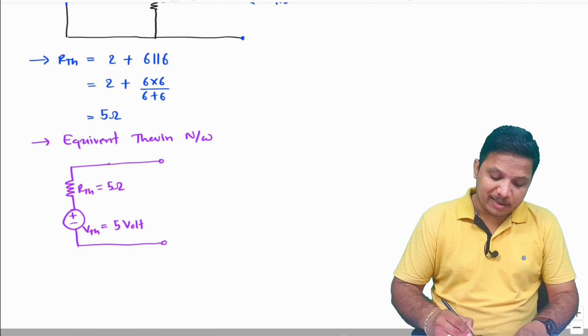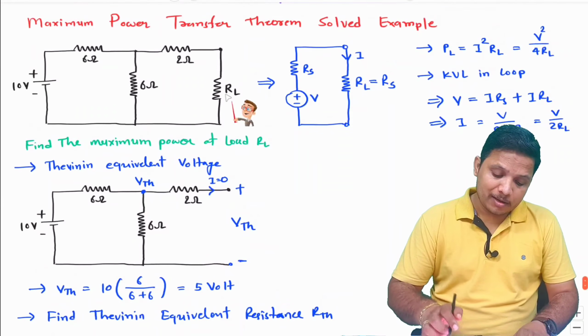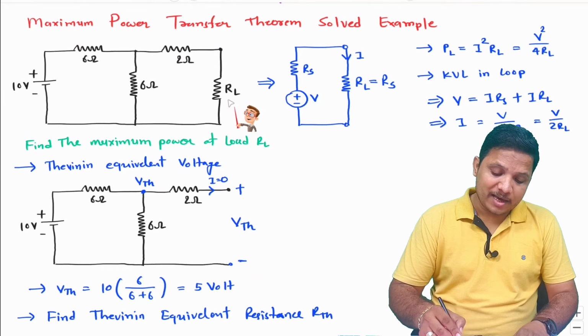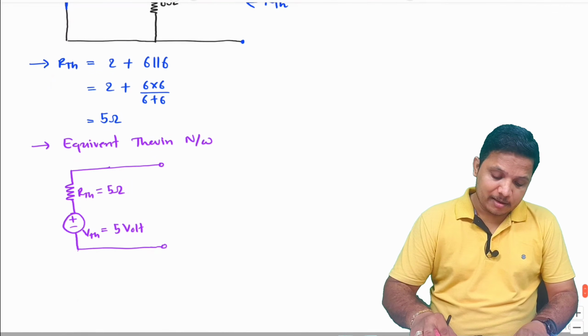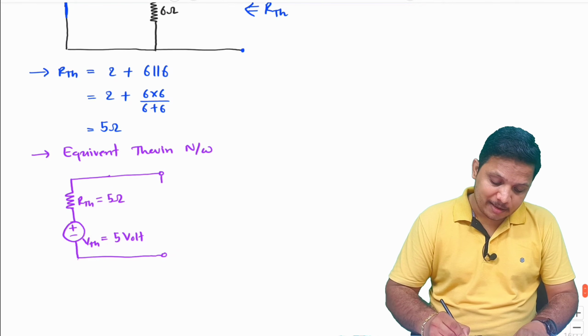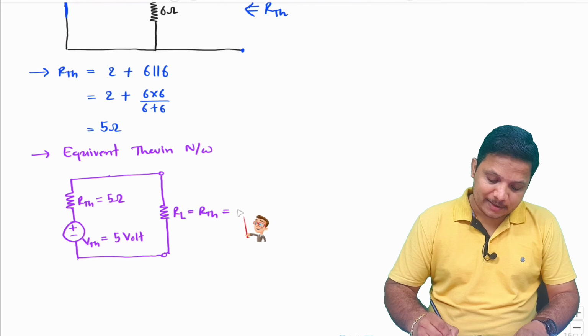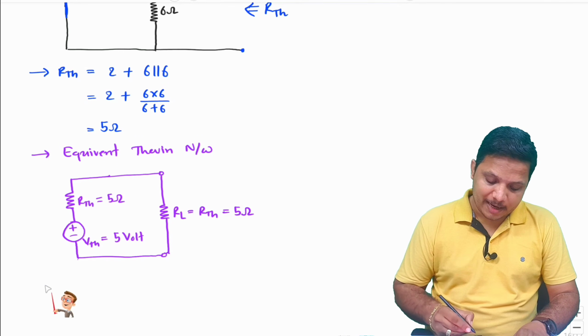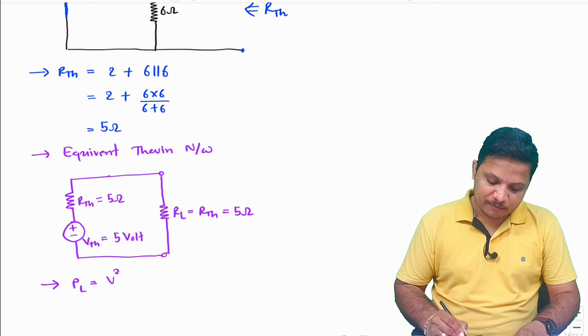For this equivalent Thevenin's network, we have the load RL and we have to find the maximum power transfer. Here we will connect RL, and that should be equal to RTH, so it will be 5 ohm. Maximum power will be V squared by 4RL.